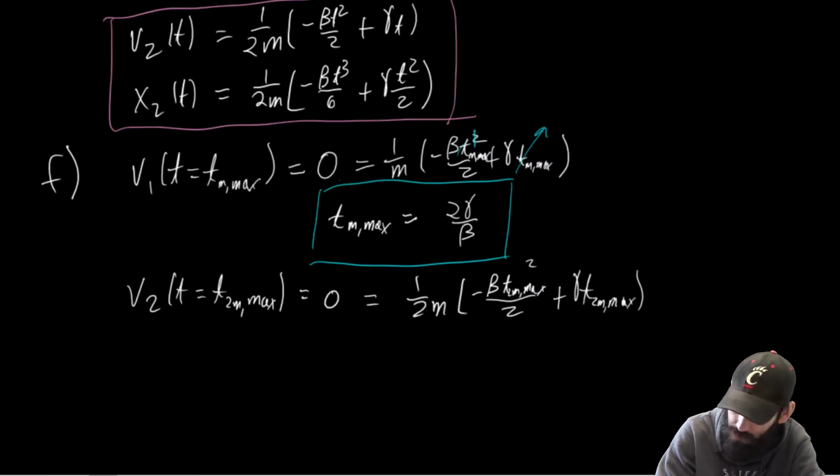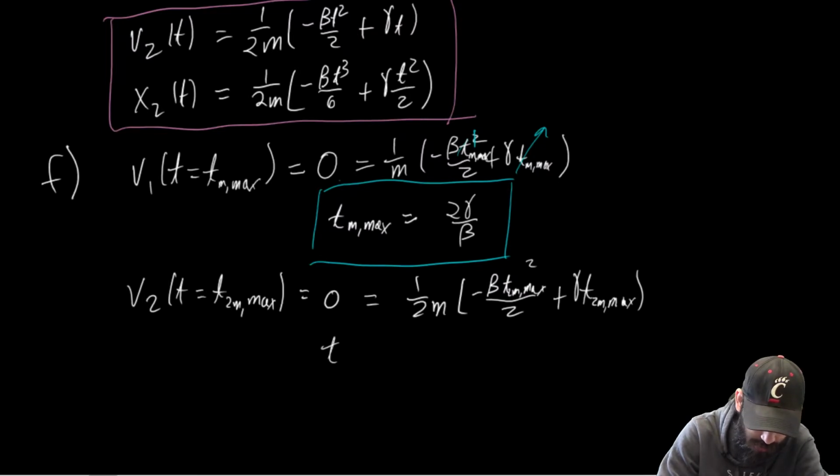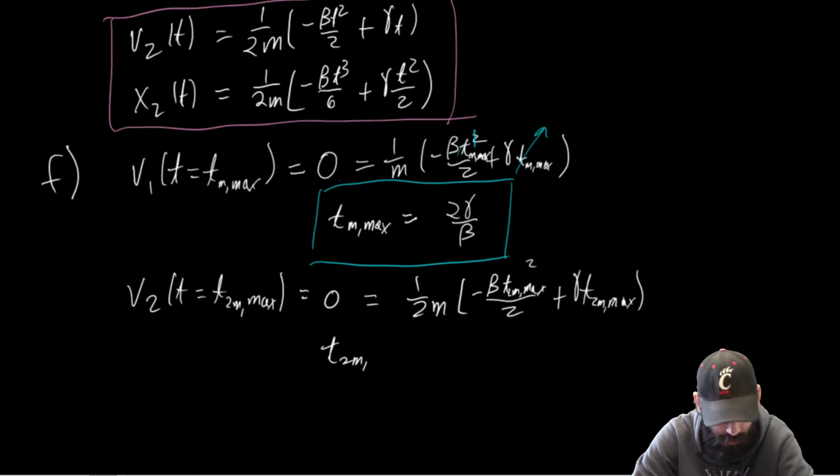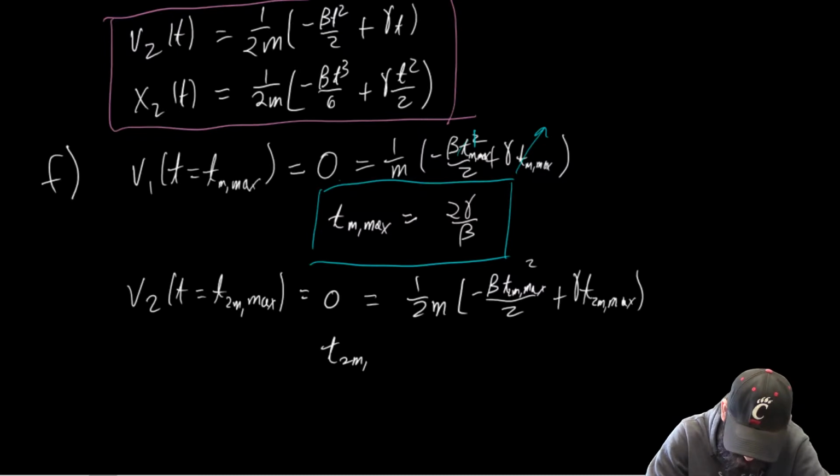Again, we can solve for this, and what we're seeing is that these two times are the same. It takes the same amount of time for these to turn around. So that seems kind of strange. So what gives? We're going to see exactly what gives in just a second. And so t 2m comma max is also going to be 2 gamma over beta.